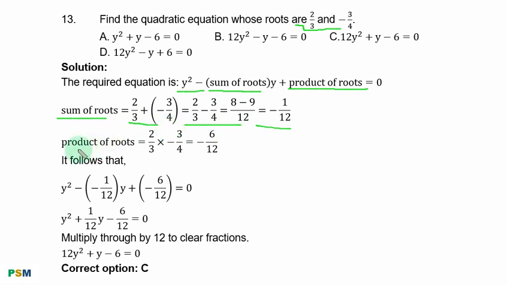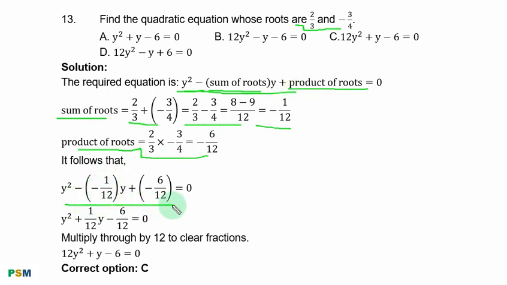Product of roots, you multiply the two roots, simplify, you have minus 6 over 12. You come here and replace the sum of roots and the product of roots, you have this result.